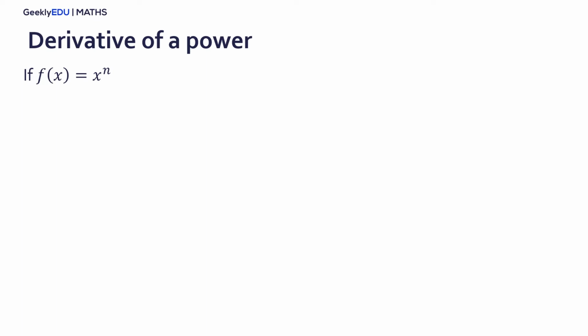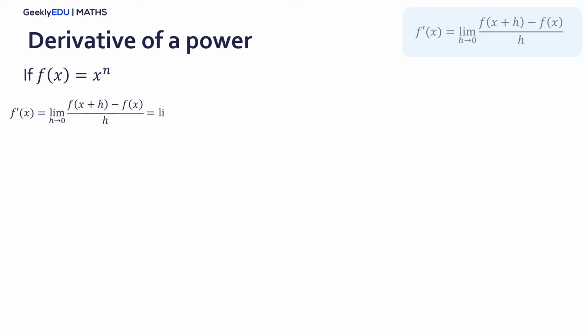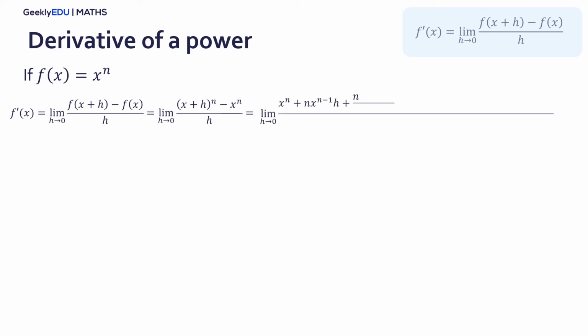The first step is to use the definition of the derivative and substitute the function. Then, if we expand (x+h)^n minus x^n, we have this expression.